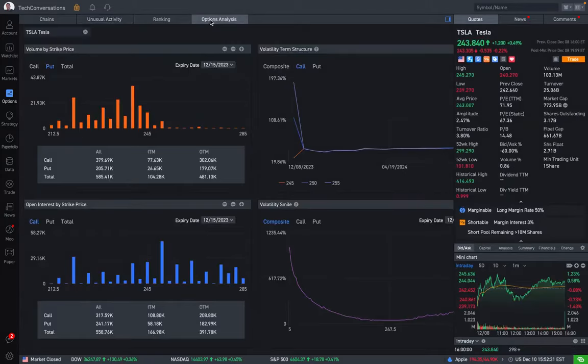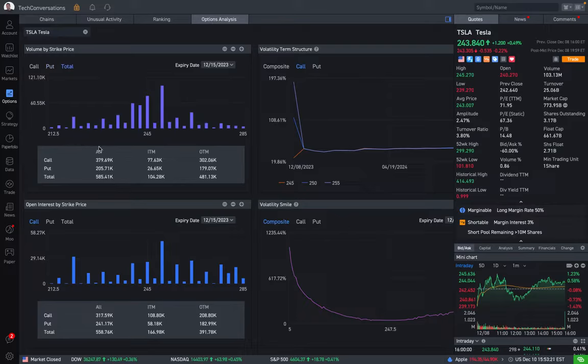If we click on this Options Analysis tab, here we can investigate deeper using this detailed visualization of strike price and volume. Each strike price tells a part of the story, revealing where traders think the underlying stock price could potentially be going and the confidence that they hold in their positions.